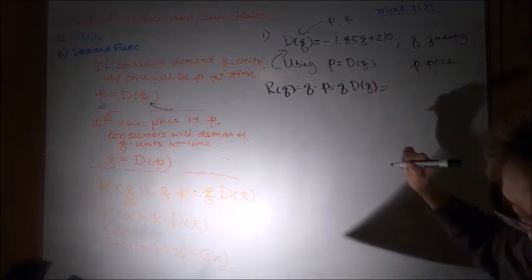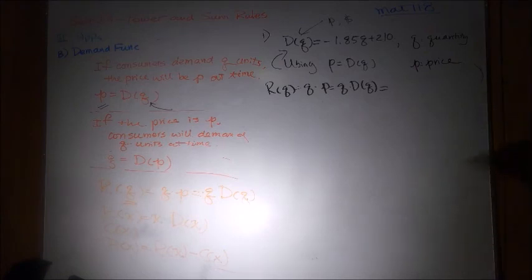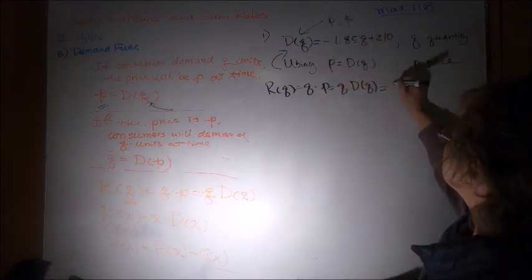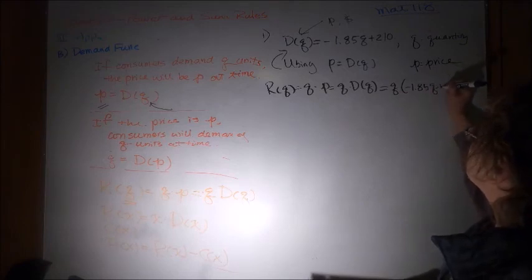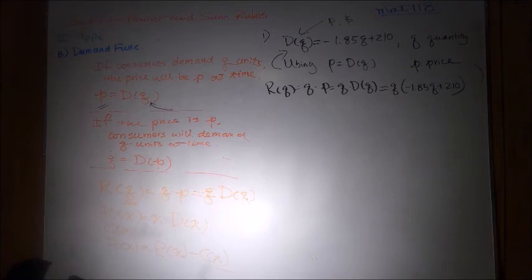So Q is this, D of Q is that, so it's this one, mathematically speaking. The question is, what's the total revenue from selling 32 of them?